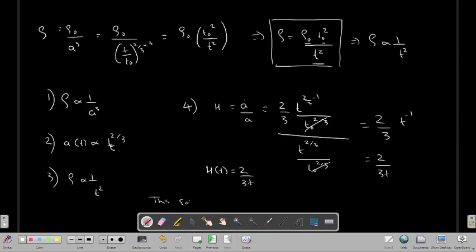This solution is known as Einstein-de Sitter cosmology.